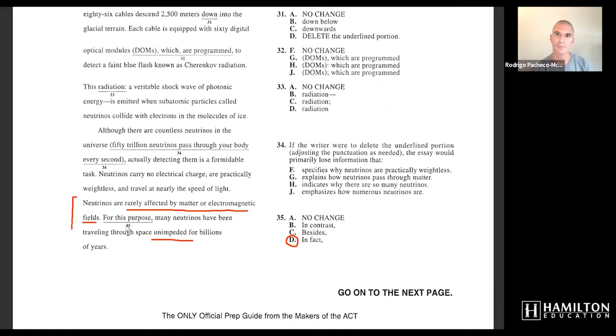This makes it seem like we have some kind of goal, and that's not really expressed here. In contrast is for contrasting information, and we see that both of these sentences are basically telling us the same thing. Okay, so we can get rid of B and C. Besides might be used for a concession, but we don't have a concession here, so we can get rid of C. That's why D, in fact, is our correct answer.